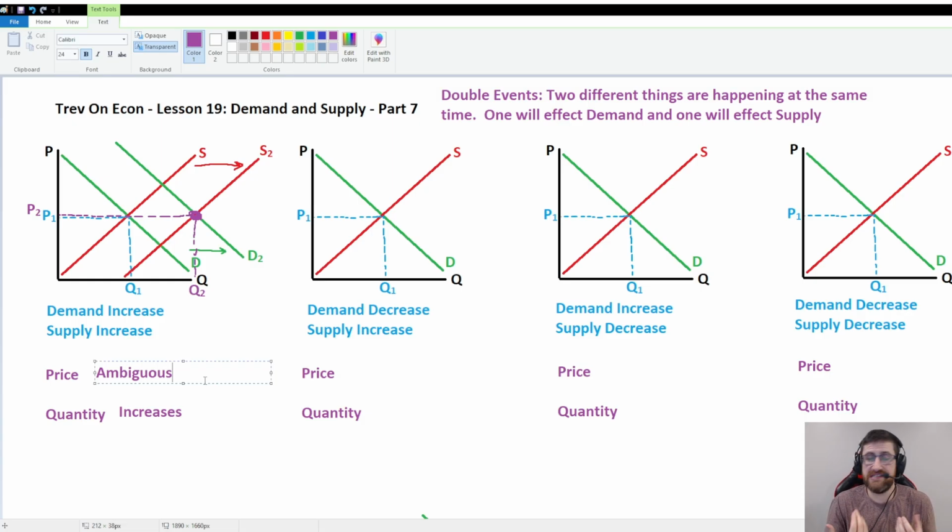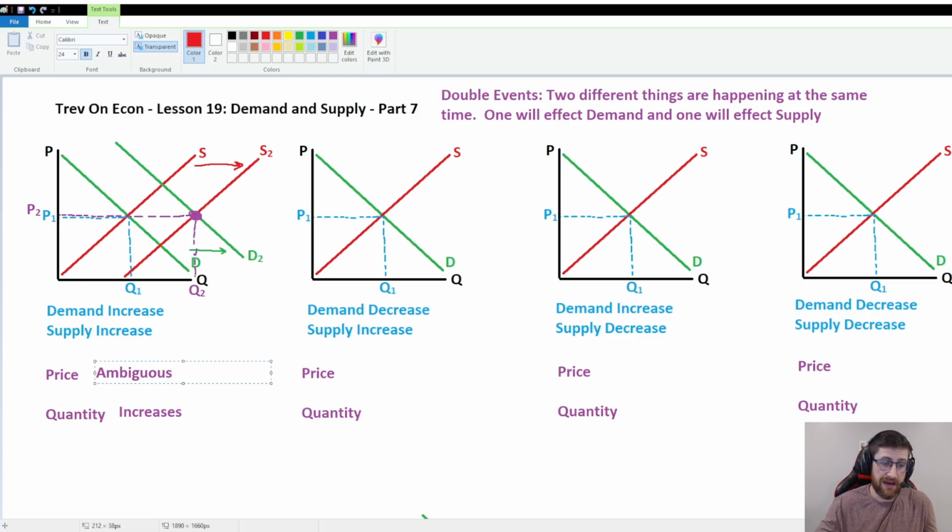My general rule of thumb is this. When you draw it out, try to move your curves about the same distance. If you move them about the same distance, you'll get a picture like we have here, where one is very clearly changing, and one really, I don't think that's changing that much. And effectively what you can do is the one that doesn't look like it's doing much, we'll call that one ambiguous.